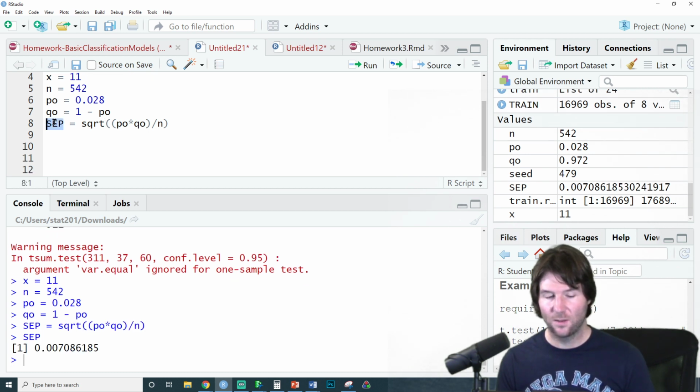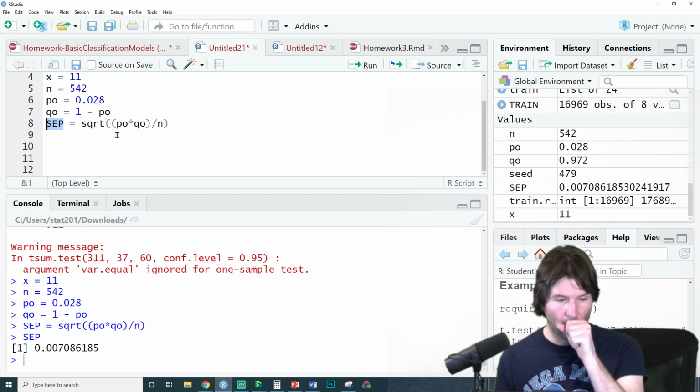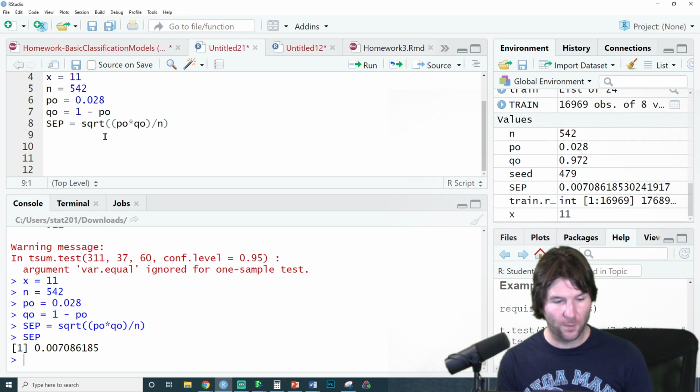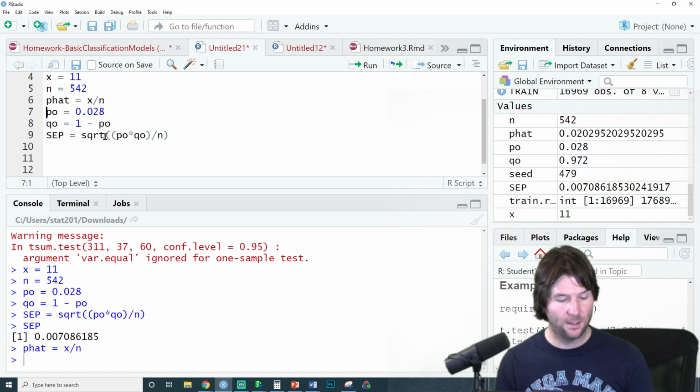And that was that. Sorry, everyone. And then we need P hat right now. So P hat is equal to X over N. There's P hat. And then we go to Z. Z equals P hat minus P naught over standard error of P.